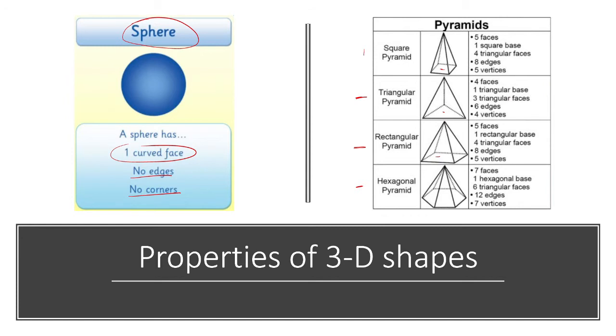All right, so the properties, the ones here on this side, are the properties of our square pyramid. All right, our square pyramid, five faces, right? So faces means this side, one, two, three, four, and then bottom, five faces. One square base, right?